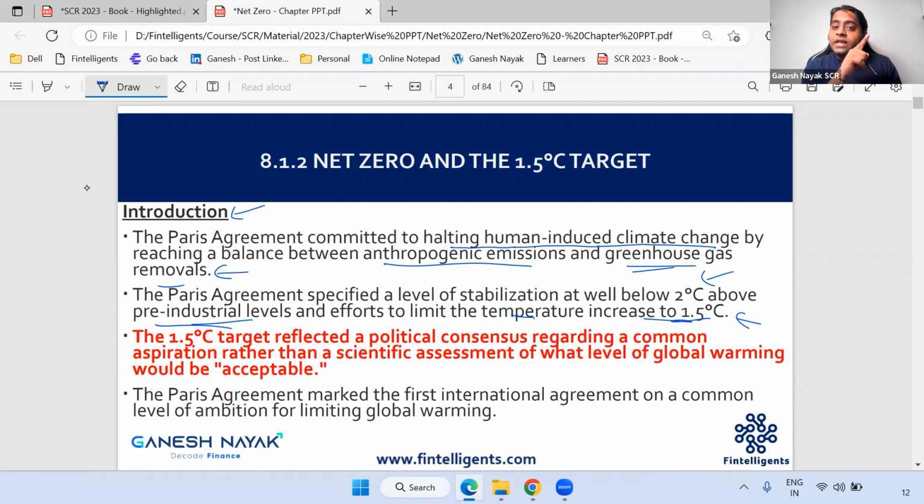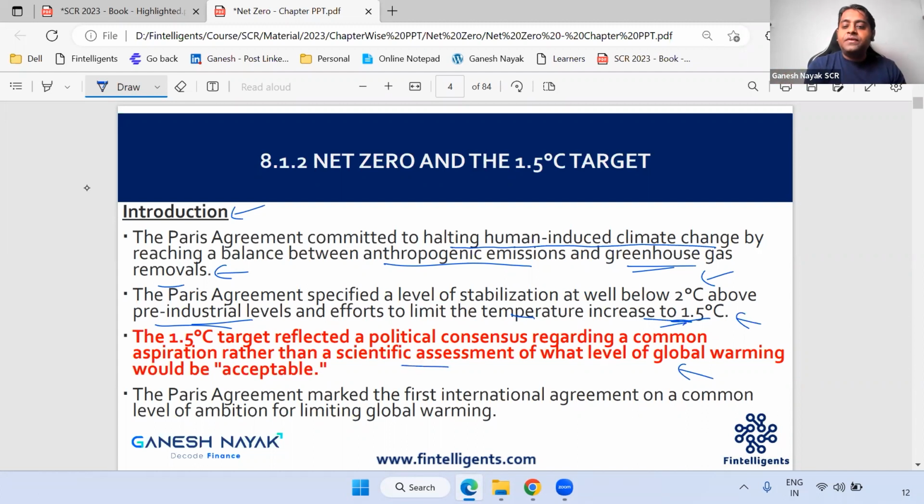All of this discussion is there in your second chapter itself. Okay, now look at this section. The 1.5 degree that came out. So there were two numbers, 2 degree and 1.5 degree. So 1.5 degree got a lot of political consensus that this can be our aspiration. That okay, this is the best effort part. We want to reach this level, and we are going to work towards it.